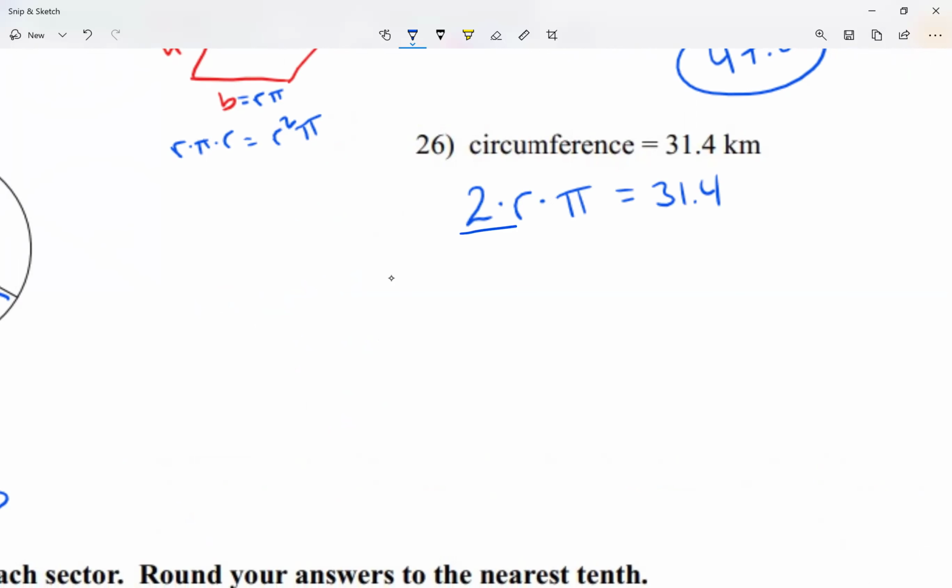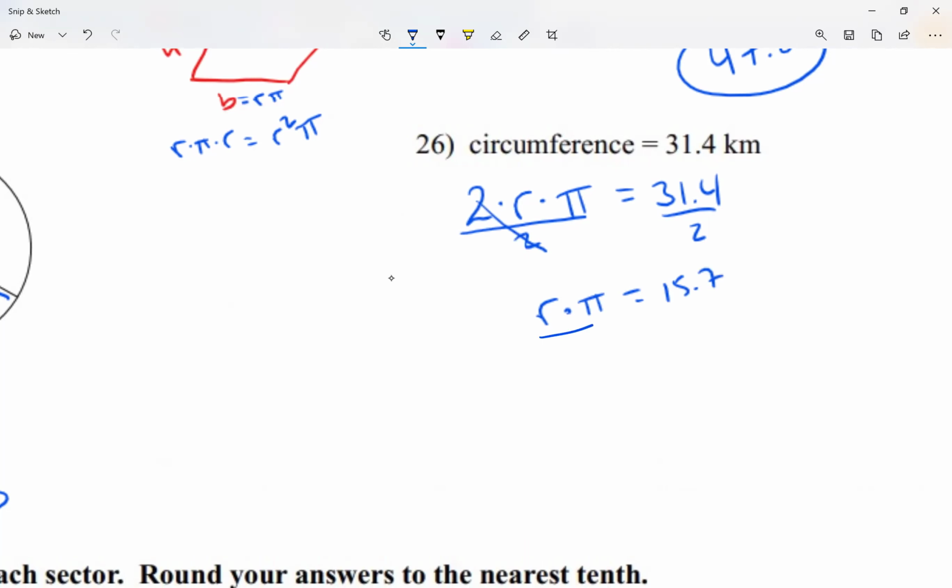Let me divide by 2. So radius times pi is equal to, now 31.4, I'm not going to use this calculator anymore, I'm just going to do this at the side. 31.4 divided by 2 is 15.7.